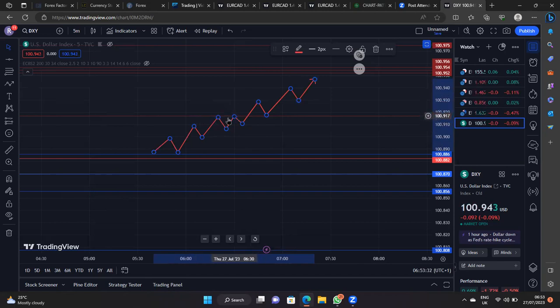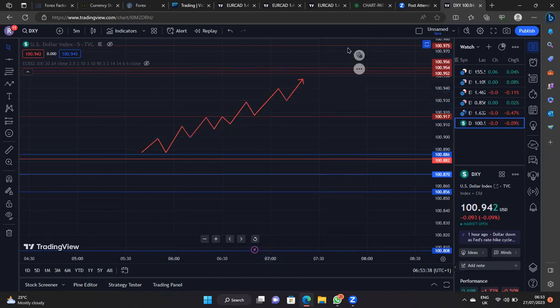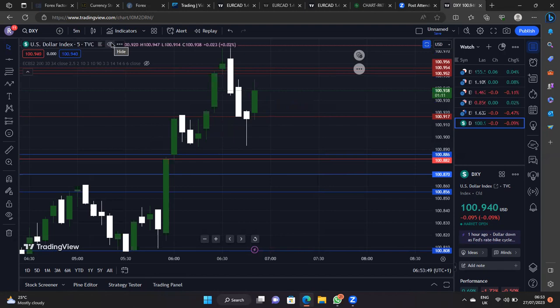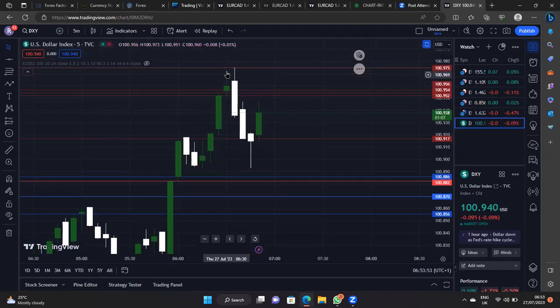Once the zone is broken and comes back to that zone, there is over 75 to 80% possibility that that zone cannot hold price and would act as a reliable support or reliable resistance to it.